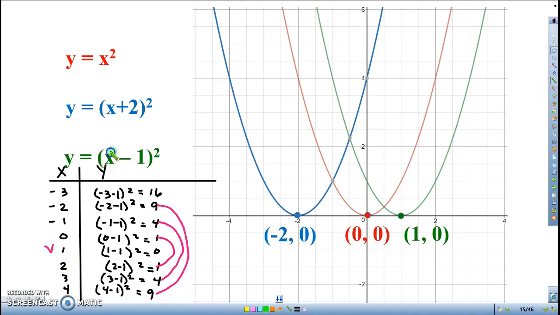Well, look and see what's inside those parentheses. What number would you put in for x so that when you subtract 1, you get 0? We want to make what's inside here equal to 0. That's the shortcut. Well, what minus 1 equals 0? That's got to be +1. That's how you find the x value of your vertex. Then you need 2 x values that are smaller and 2 x values that are bigger. You got to have 5 points.